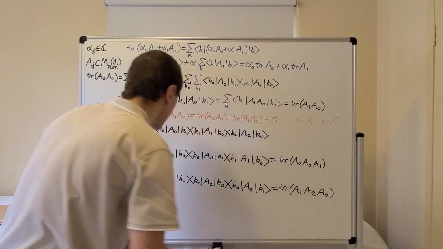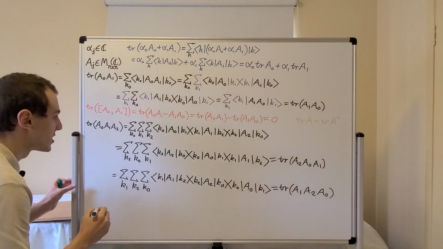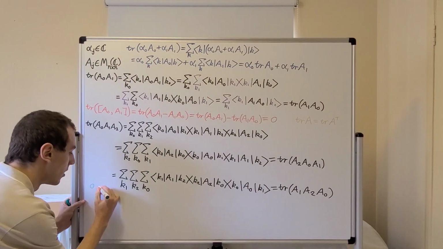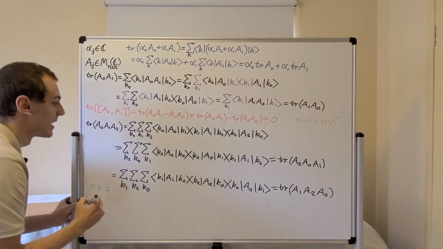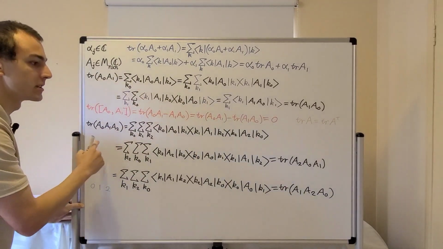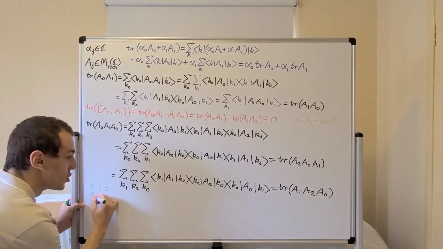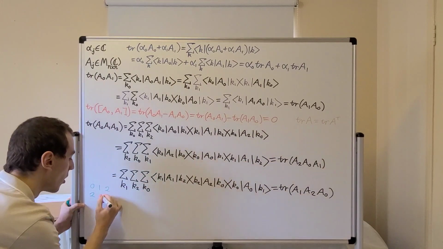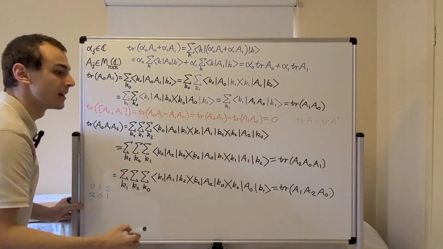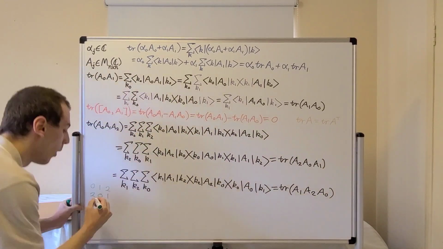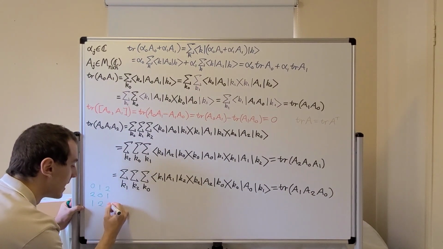And I'll write these cyclic permutations out over here. So we start off with 0, 1, 2. That's the first of these cyclic permutations. Then we go over to 2, 0, 1. That's the second. And then we have 1, 2, 0.